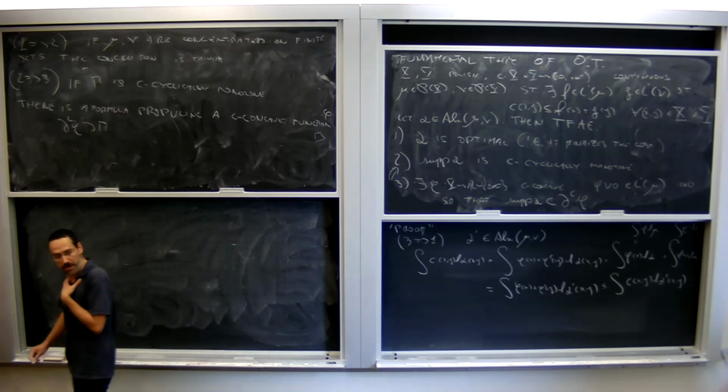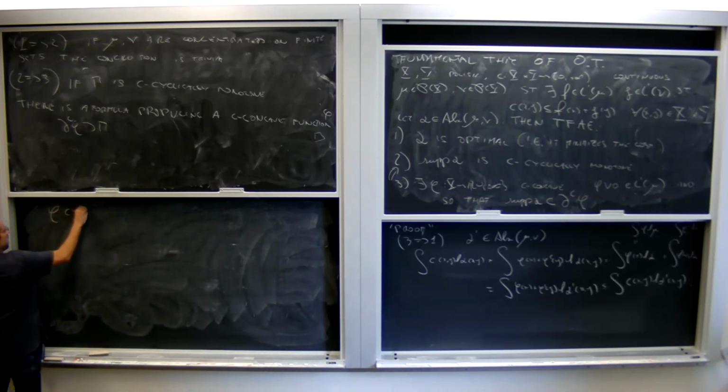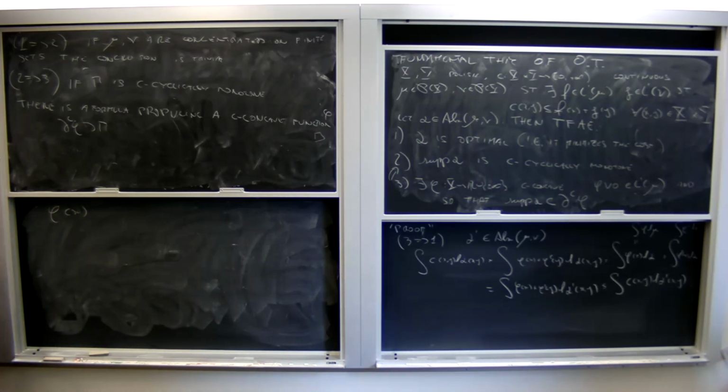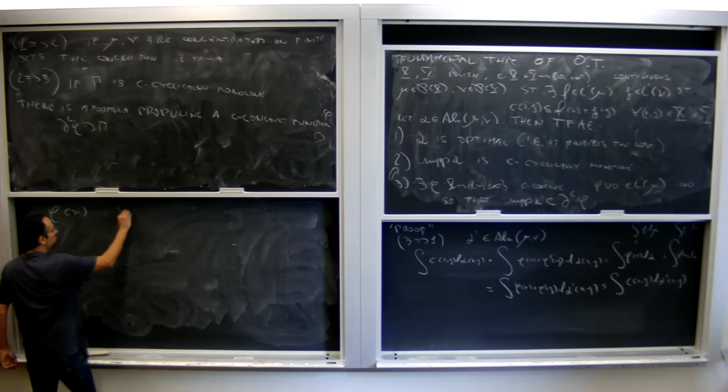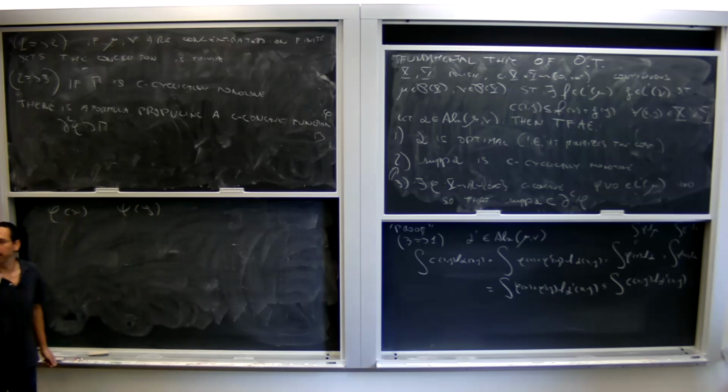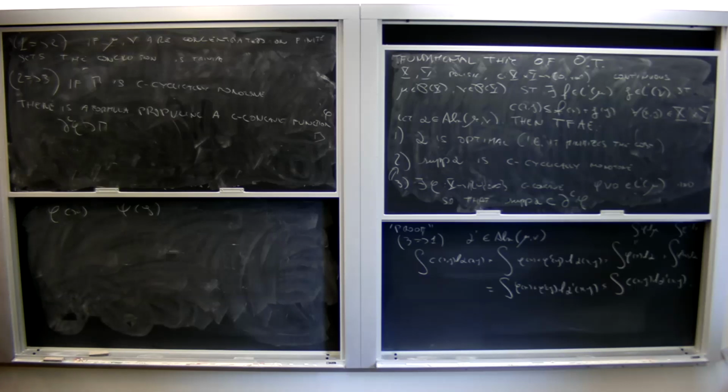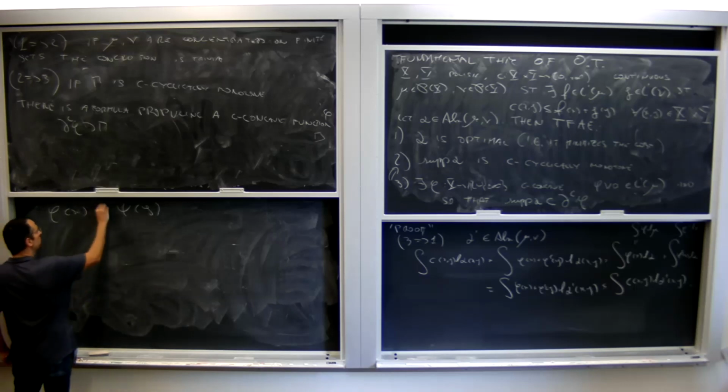You just pay me phi of x any time I pick a unit amount of mass from the point x. And you also pay me psi of y any time I drop a unit of mass at the point y. Okay? So first of all, what is a reasonable set of prices that I should put if I want to be sure that I could be in some sense a good match for you?